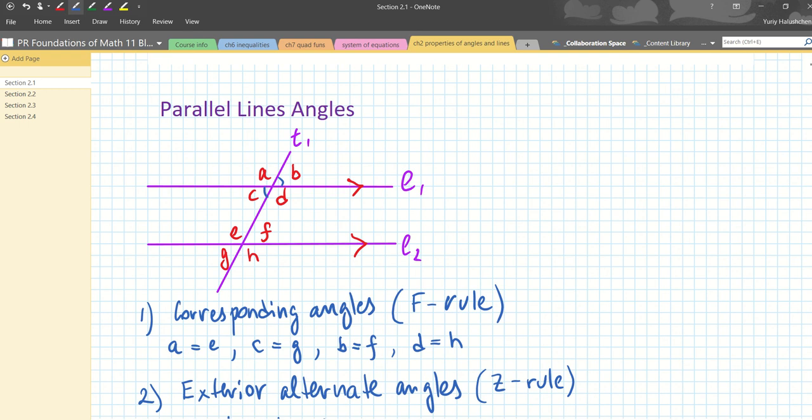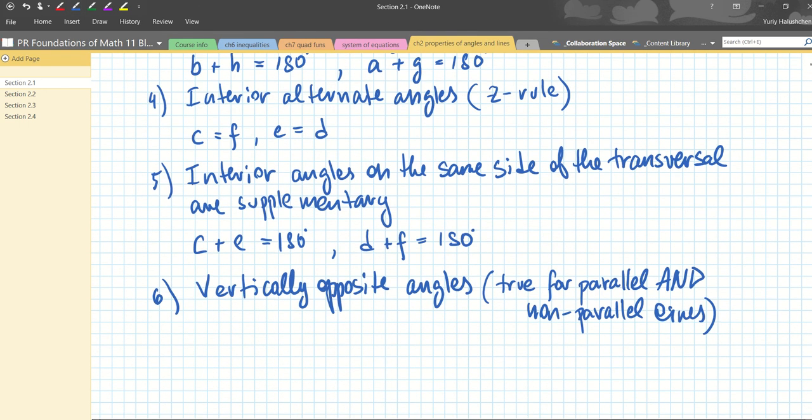So let's list them down here. Again, vertically opposite angles are going to be equal whether their lines are parallel or not. And we have A equal to D, B equal to C, E equal to H, and F equal to G.